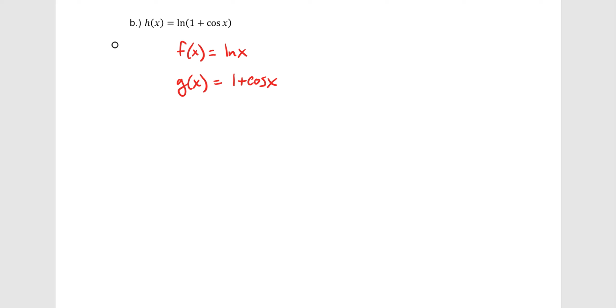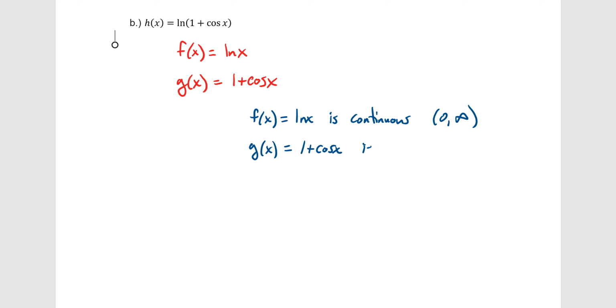We know that ln of x is continuous over its domain, which is from 0 to infinity. And we know that g of x, 1 plus cosine of x, is continuous everywhere, negative infinity to infinity. That's because cosine is continuous everywhere, and so is 1, so the sum of them will be continuous everywhere as well.